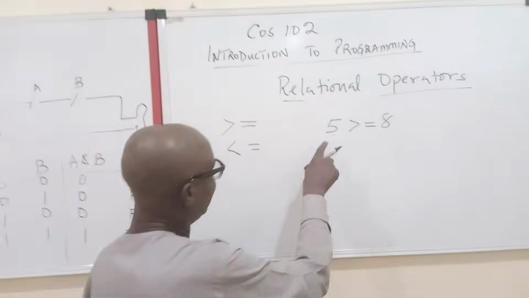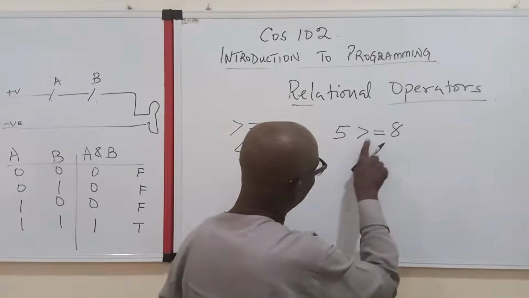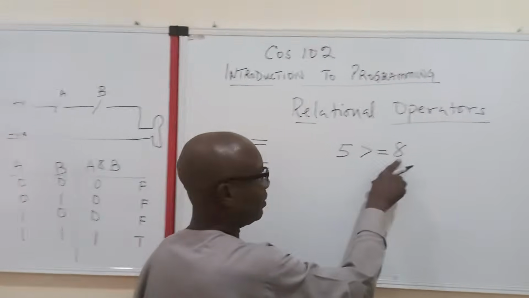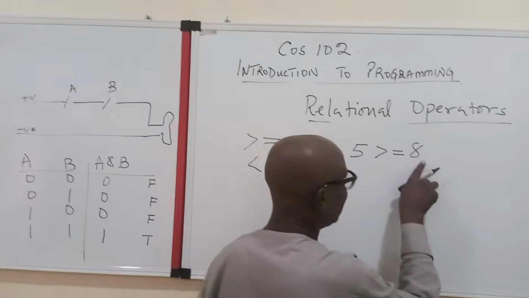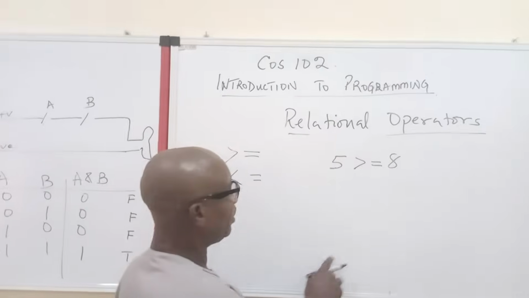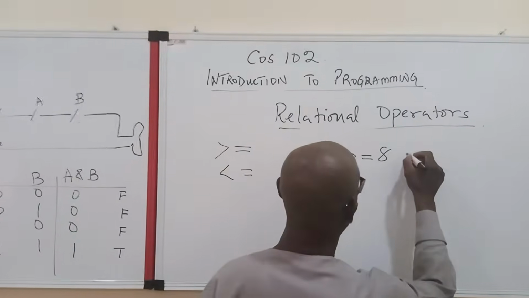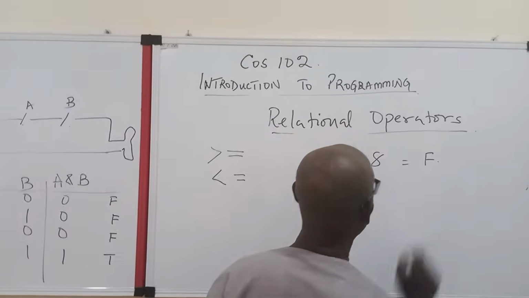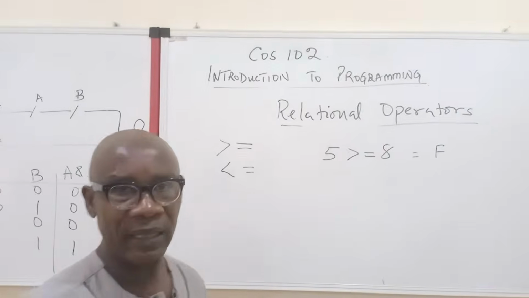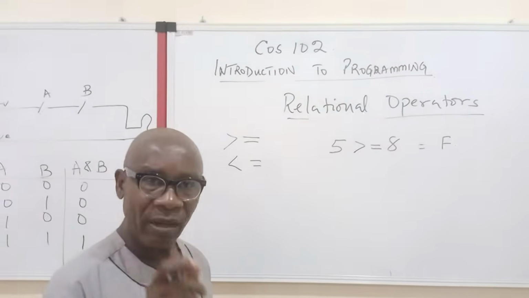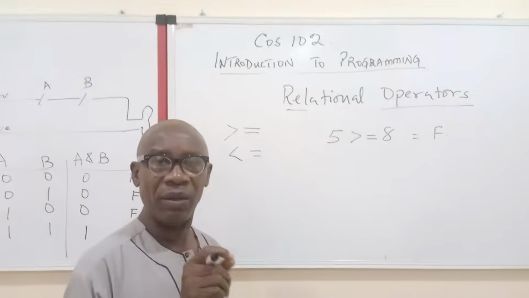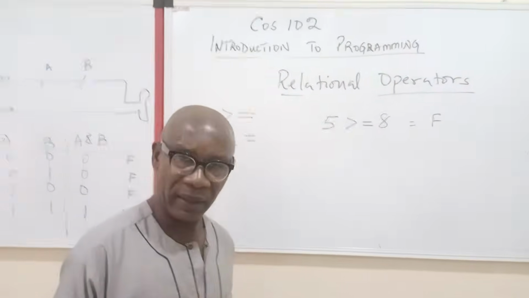If you look at this, 5 greater than 8, that's false. 5 equal to 8, that's also false. So you get false, false, so that will give you false. One thing we have established, the outcome of the relational operators is always true or false.